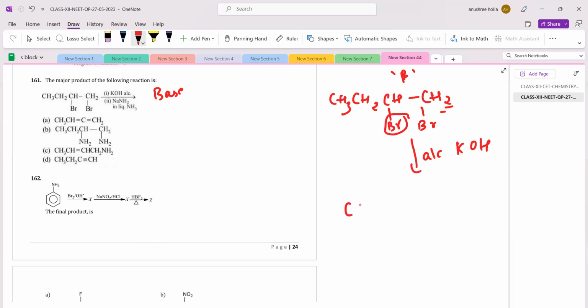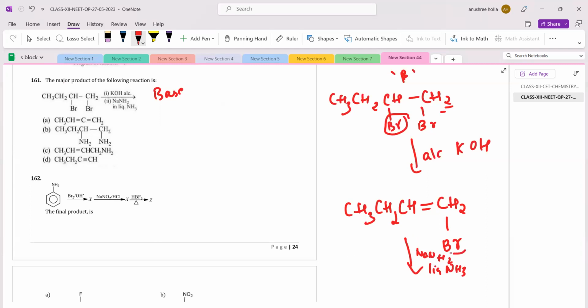So I'll get CH3, CH2, CH, double bond, CH2, Br. So I've got this. Next, I'm adding NaNH2 in liquid ammonia.